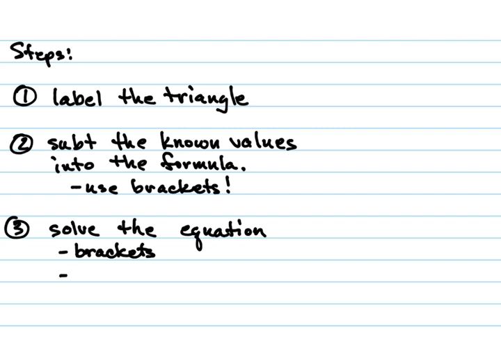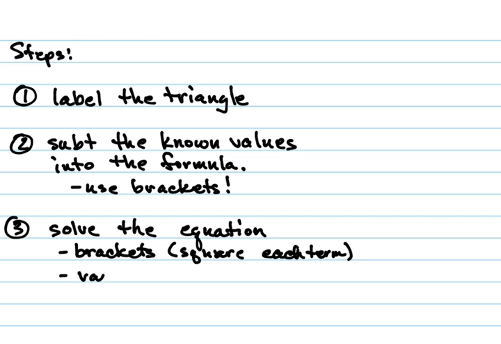Then you make sure to get your number terms and your variable terms on the same side. So you're going to square. When you're doing your brackets, that means you're going to square each term, because that's what's going to be on the brackets, those exponents of 2. So squaring each term.